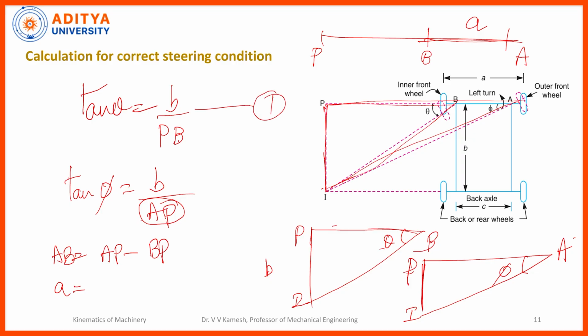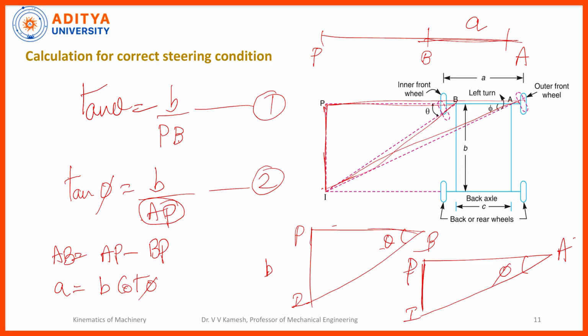I am writing this as the first equation and this as the second equation. From the second equation, what is AP? If you bring tan phi to the left side, AP becomes b by tan phi, that means b cot phi.